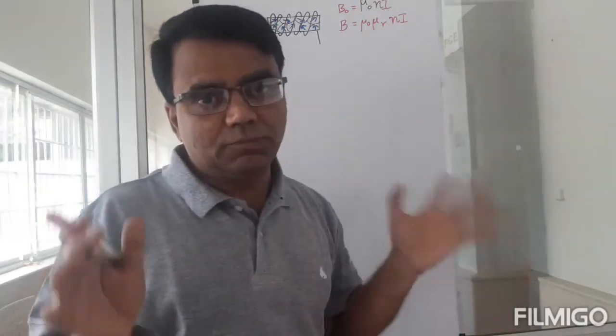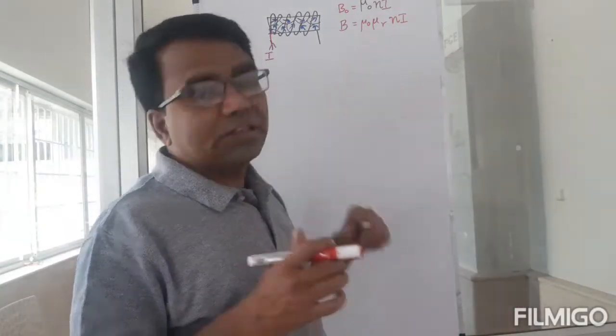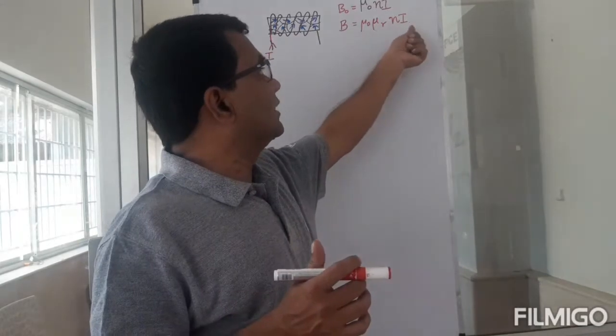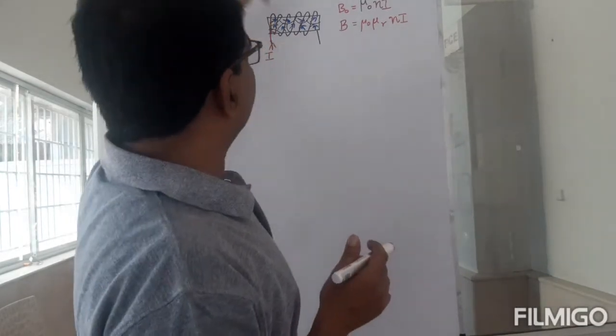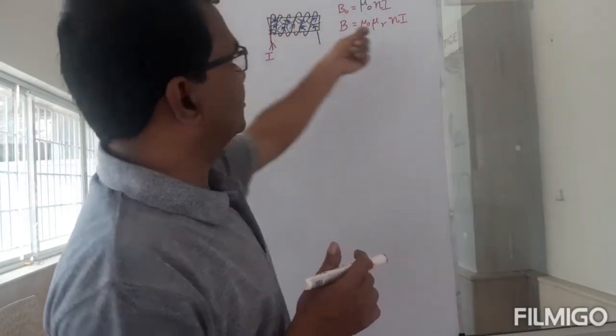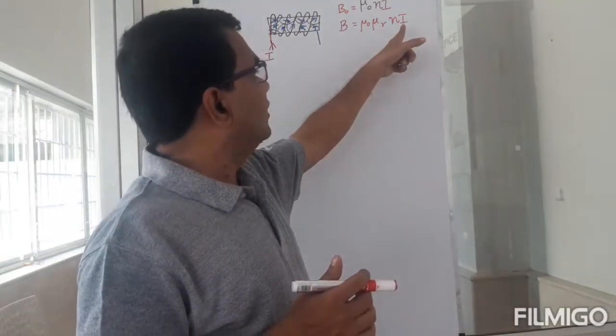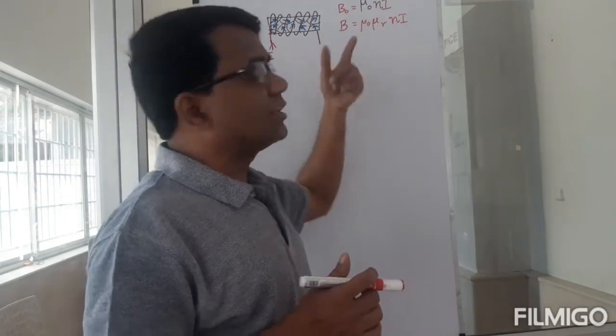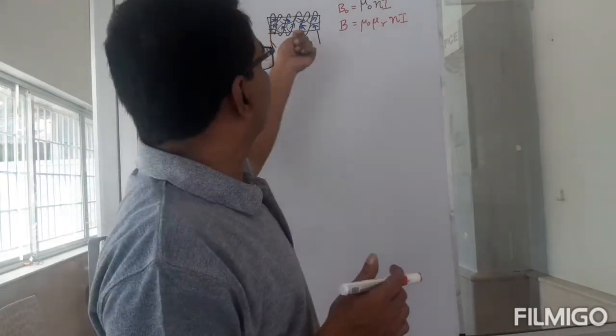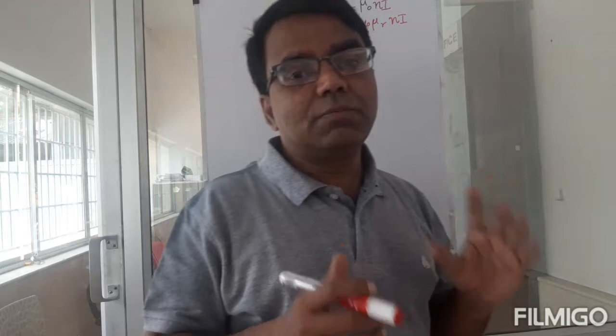So you can't control this. But what can you control? You can control this n and I. I can have more turns per unit length, and I can change the value of the current flowing through the coil. So those are in my control.